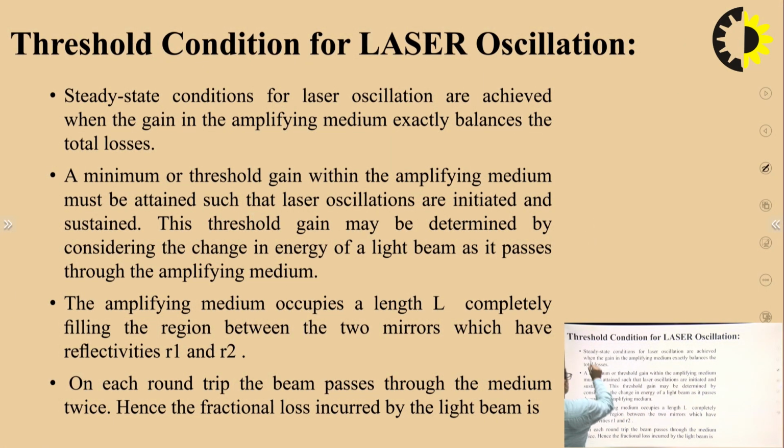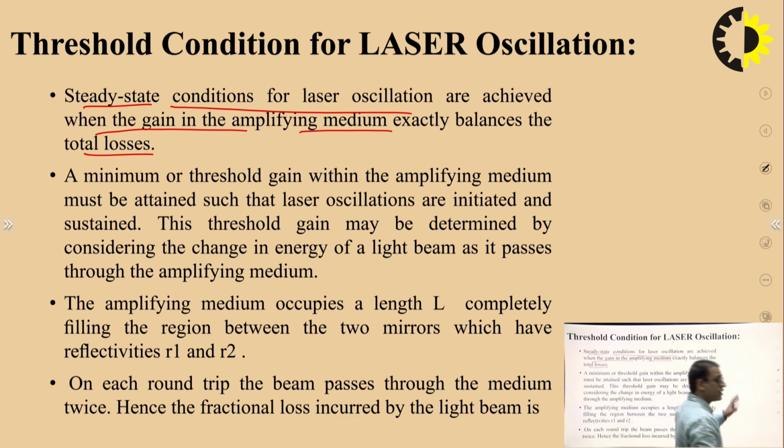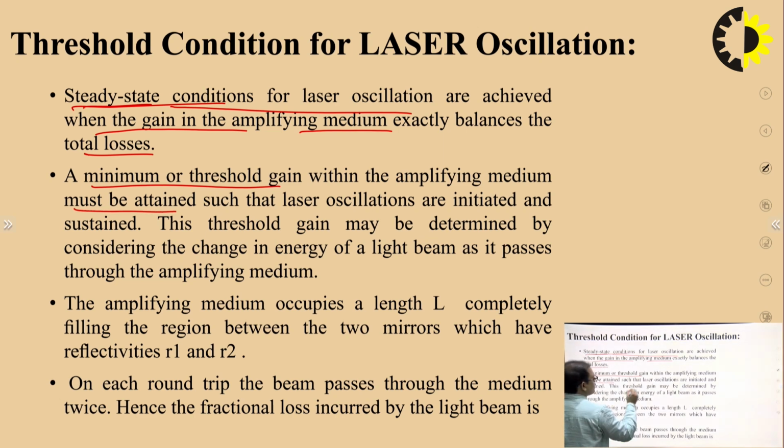Steady state oscillations are achieved when the gain in the amplifying medium exactly balances the total losses. That condition is the steady state condition for laser oscillation. A minimum threshold gain must be attained so that the laser oscillations can be initiated and sustained.